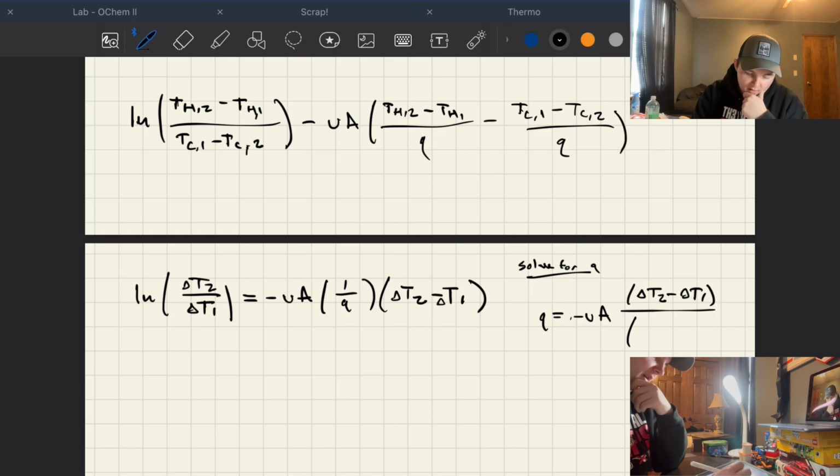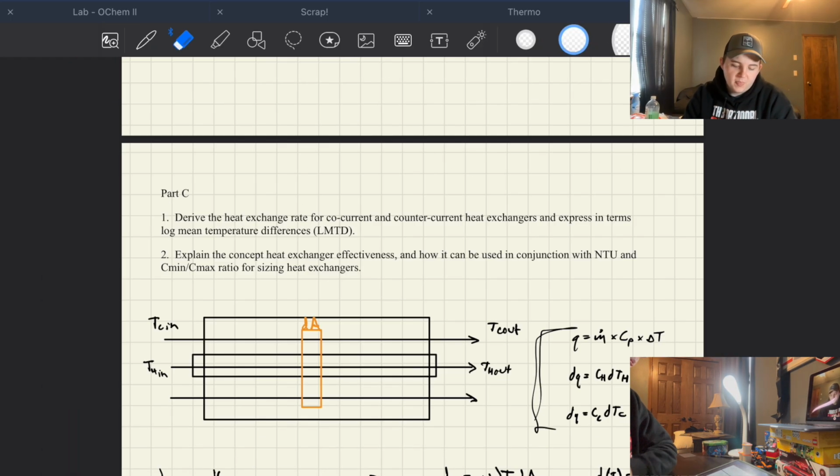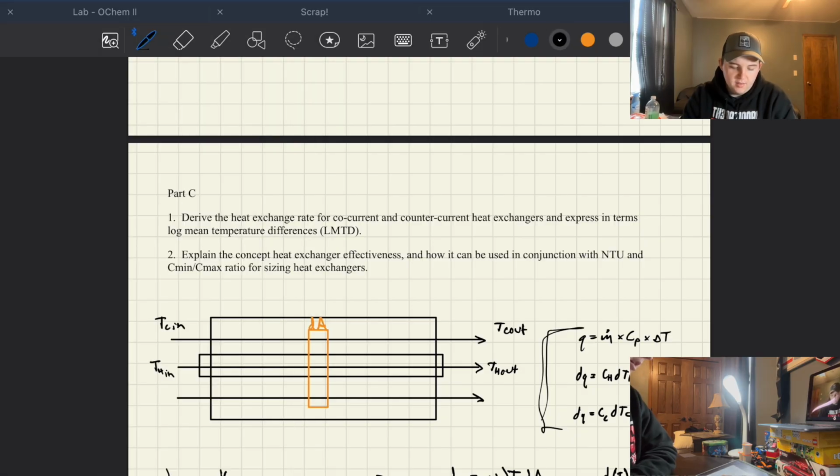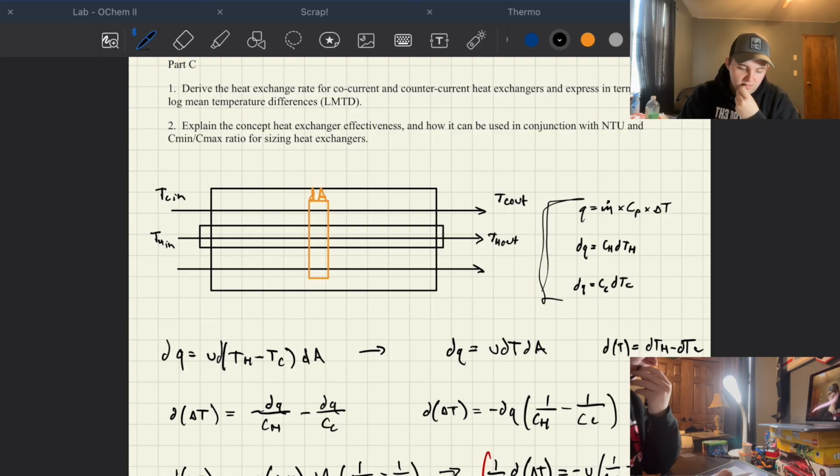And then in the denominator, we'll have what is in the natural log. There we go, that's what we get when we solve for Q. And that expression right there is the heat exchange rate for our heat exchanger drawn here in terms of LMTD.